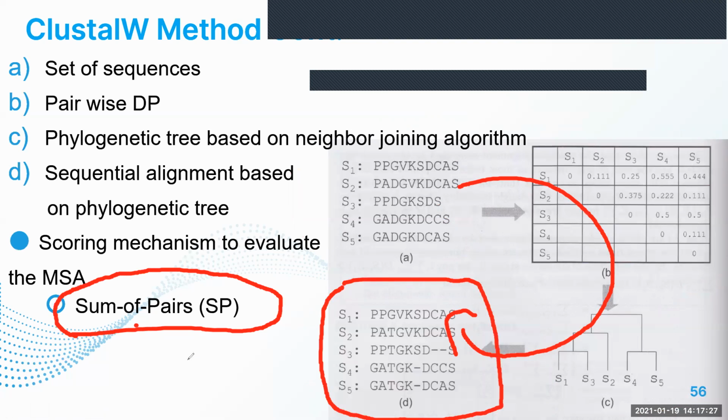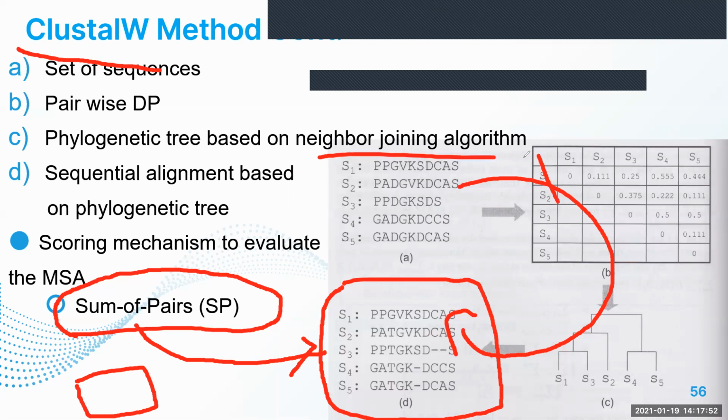Then you use that scoring mechanism to get a final value, right? So it's the same as the progressive one, with only some changes: this dynamic programming and this neighbor joining algorithm.